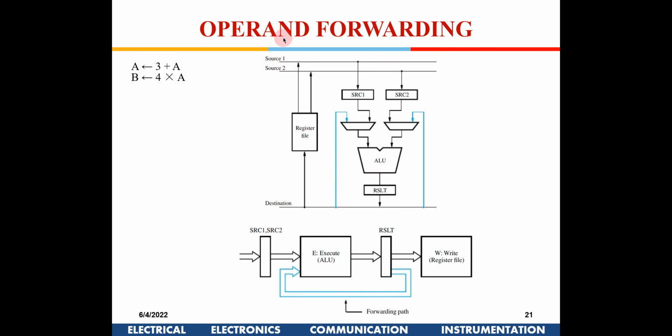So that is known as operand forwarding, or the forwarding path. This alternate path gives us a means to overcome the data hazard.